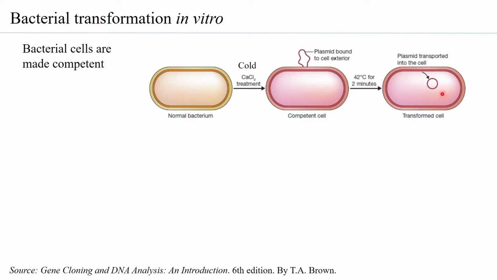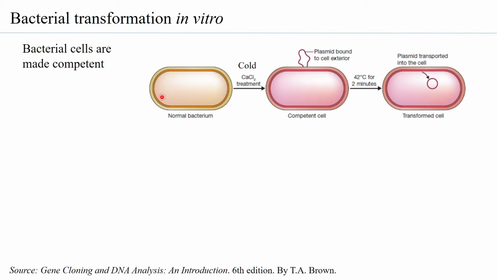And through those pores, the plasmid will get transported into the cell. So it is a very simple concept, and this simple concept is responsible for increasing the transformation efficiency.